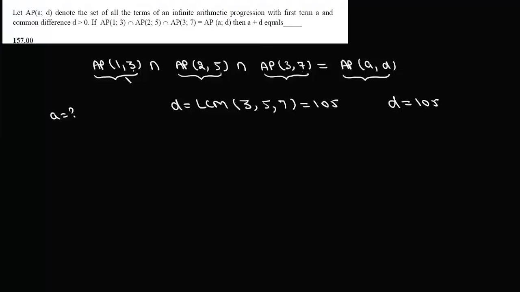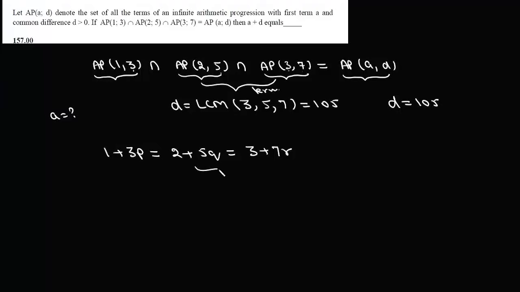The general term of the first AP, we can write as 1 plus (n minus 1) into 3, or we can simply write this as 1 plus 3p, and since we need common terms, it should be equal to the general term of the second AP, which is 2 plus 5q, and it should be equal to the general term of the third AP, which is 3 plus 7r. Now first we'll find terms which are common to these 2 series.